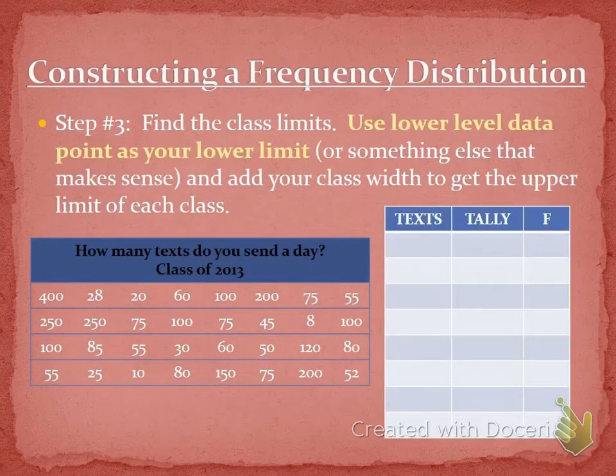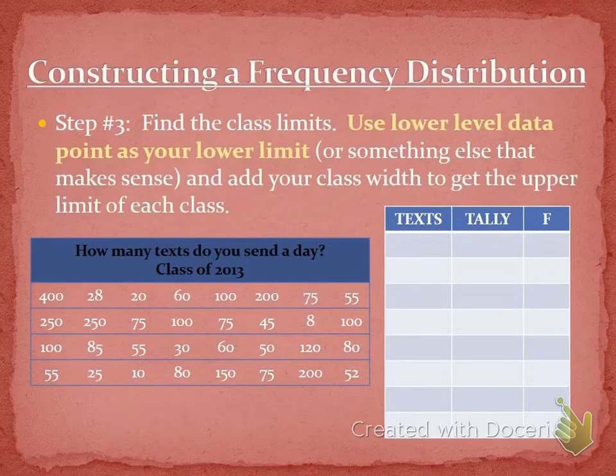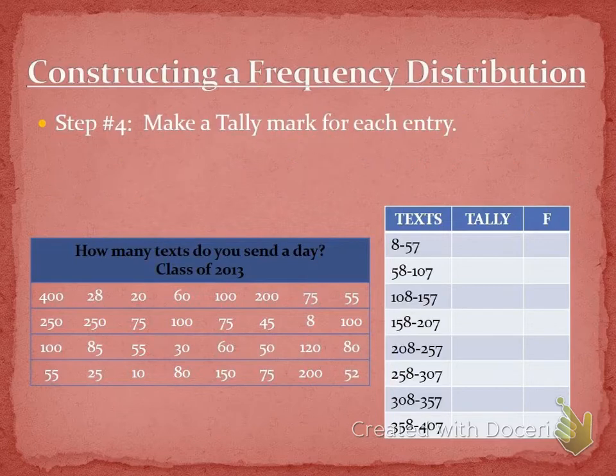So now what we're going to do is create a table of 8 classes that are 50 wide, right? And the way we'll do that is we'll start with our lowest. Our lowest number of texts is 8. Since we're counting 8, 8 to 57 will give you 50 texts wide.